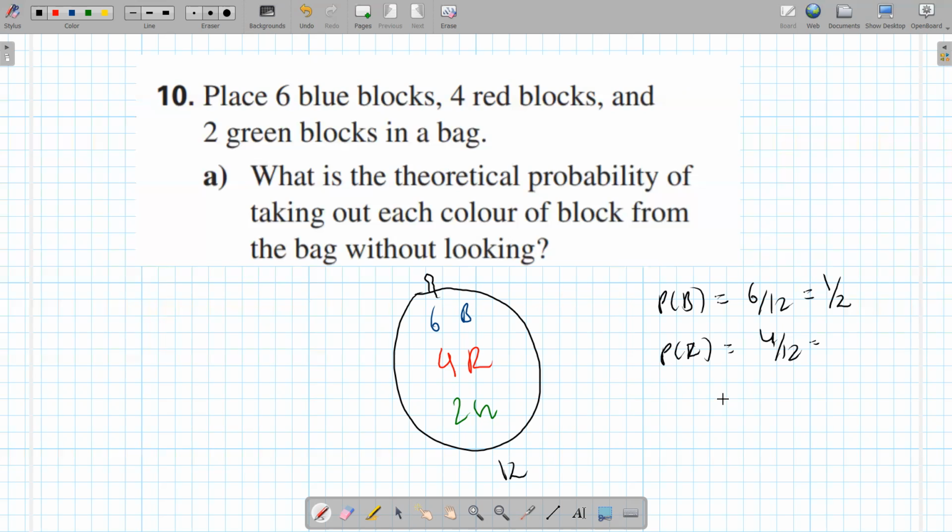Is it 1/3? Yes. And what's the last one? Green. 2 out of 12. And it's going to reduce to 1/6. Yep. And there we go.